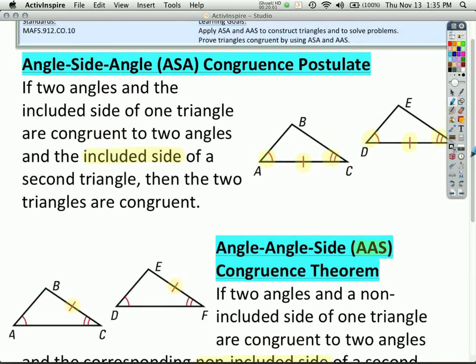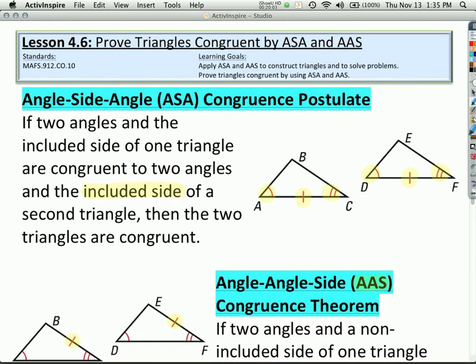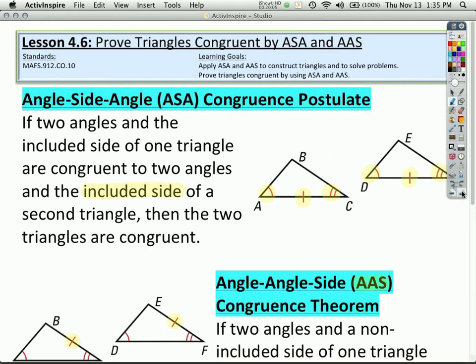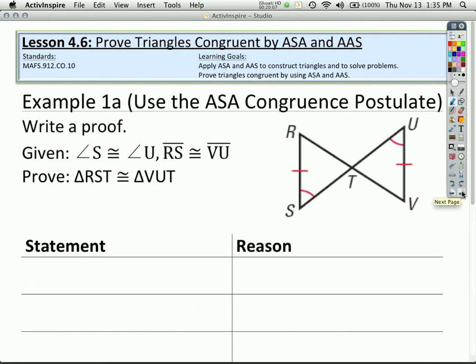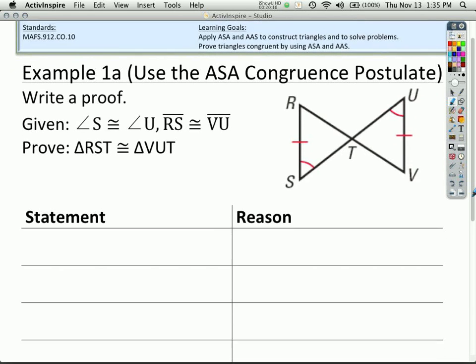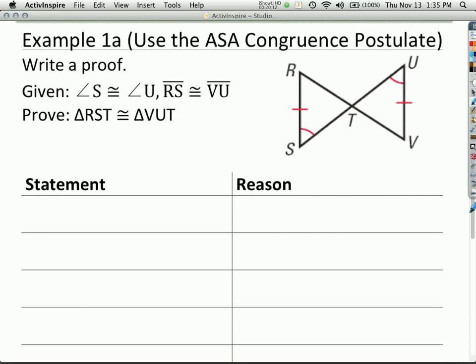All right, we're going to jump right in and start using angle, side, angle. So we're going to jump in with a proof. Example 1. And you do need a sketch of the picture. This is not the time to pick up the ruler and draw a perfect picture. This is the time to jot down the given and the proof statement and to sketch the picture.